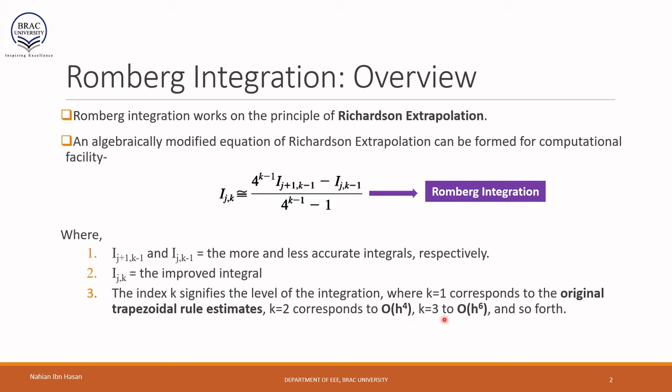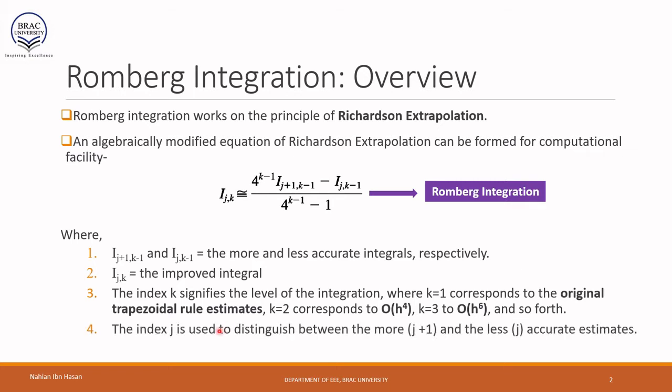If you have k equal to 3, the order of accuracy is 6, and so forth. So the k variable denotes the number of steps that you are going to use in Romberg integration for higher order of accuracy. Okay, and we have the other index, which is j.